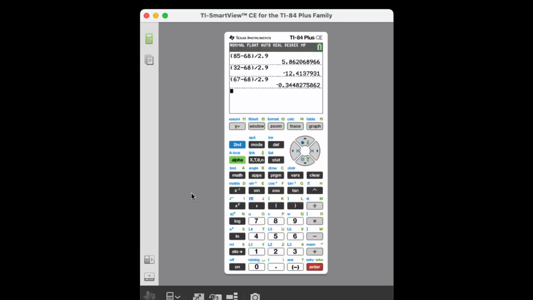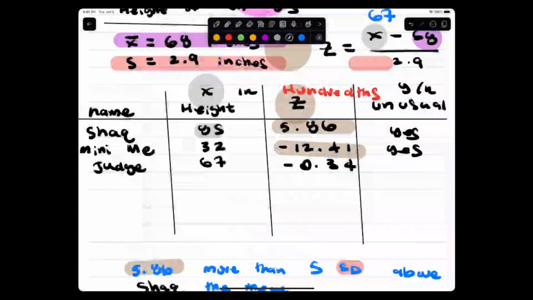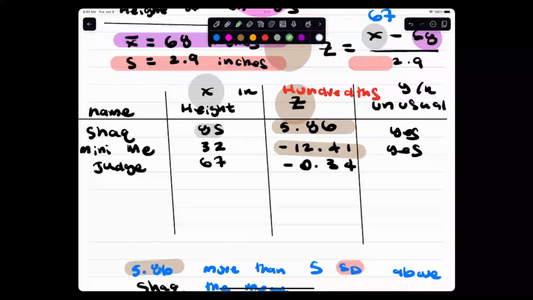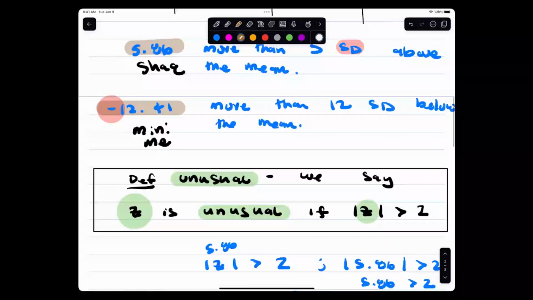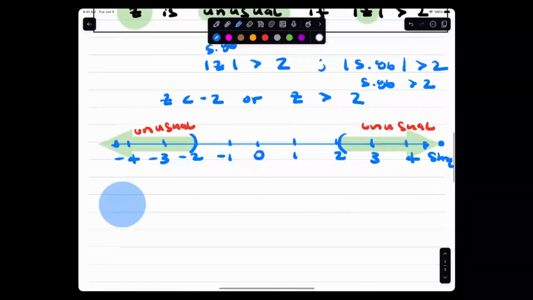Okay. Let's figure out what this really means here. Okay, let's talk about that. Now, first of all, because it's negative, that score for Mr. Judge, his height, negative 0.34, is below the mean. Is that true? Why do you know it's below the mean?